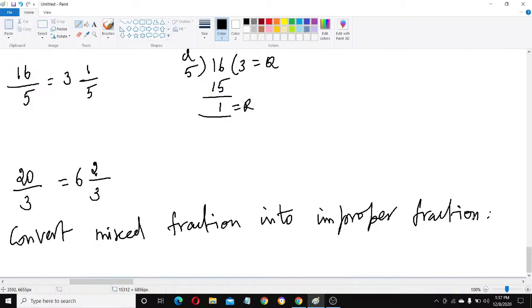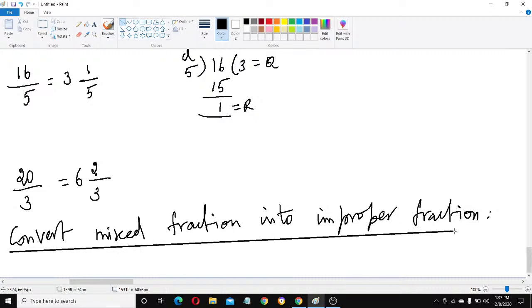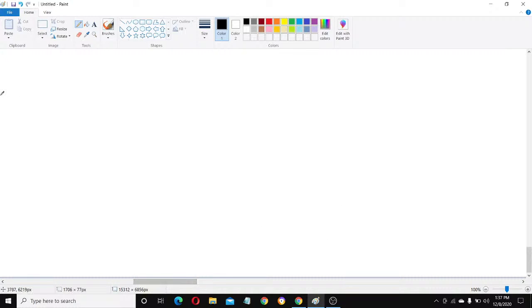Convert mixed fraction into improper fraction.